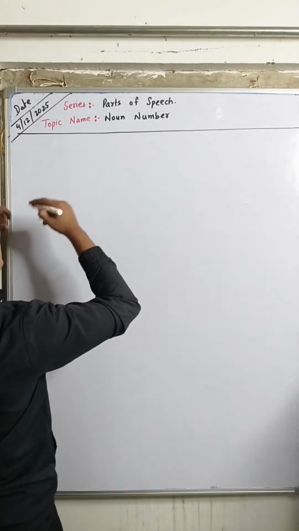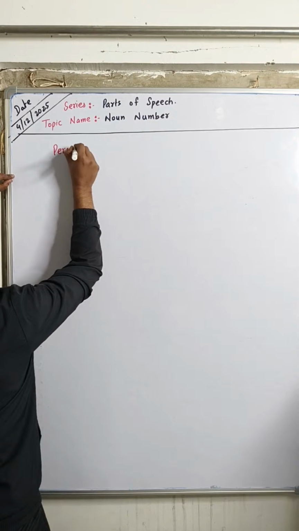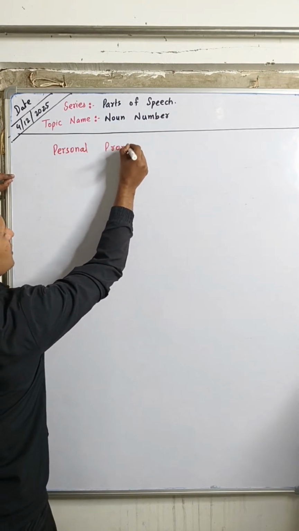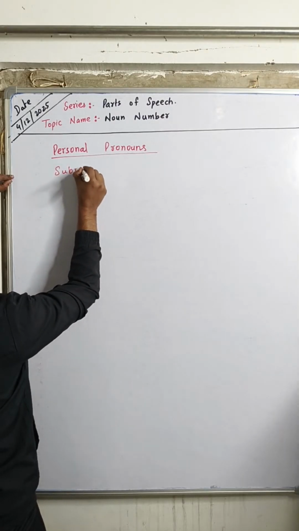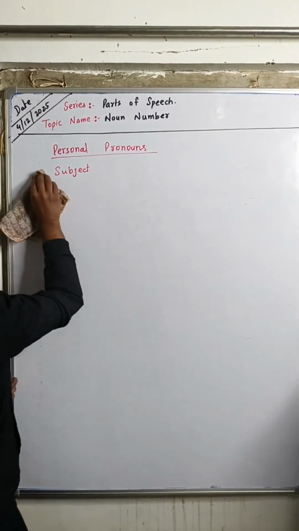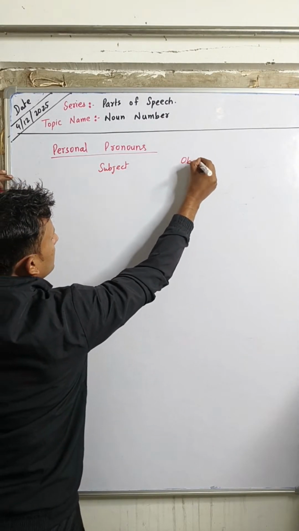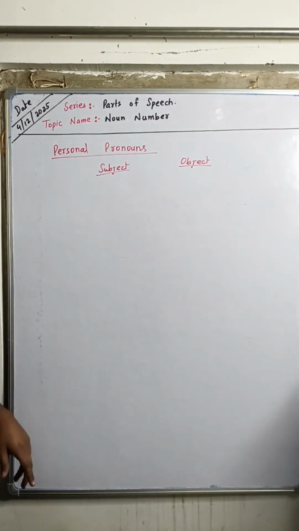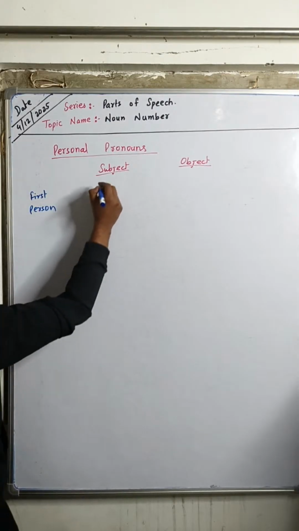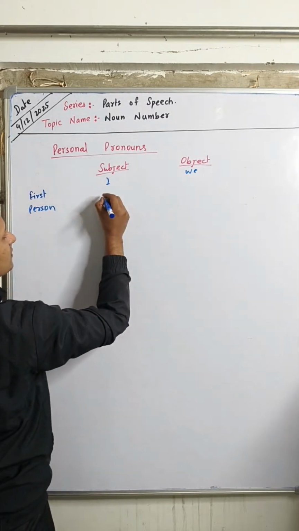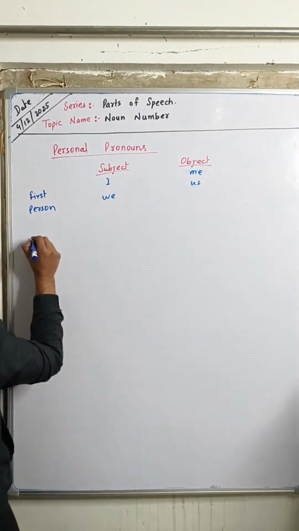So let me give you the neat and clean diagram or chart for these personal pronouns. Subject, object. We, us.